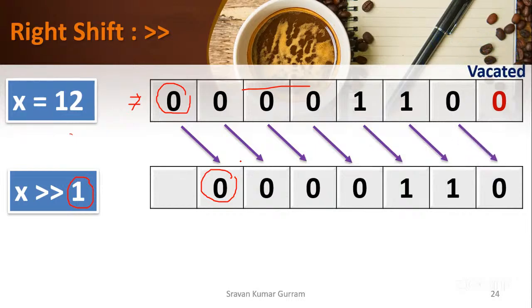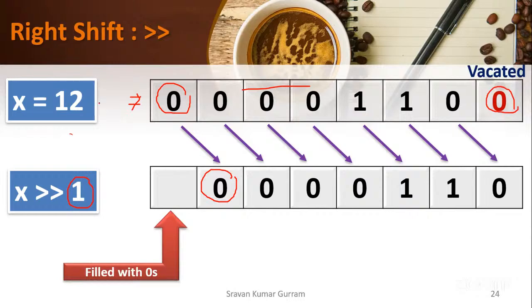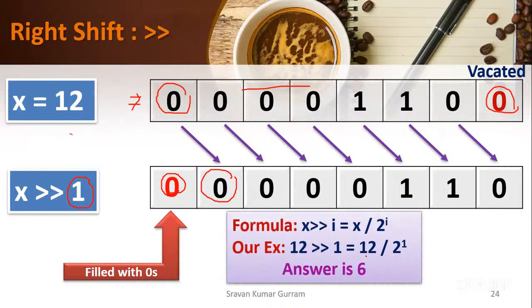Then the last 0 is deleted, and we have an empty cell in the output value. This empty cell is filled with zeros. Okay, this is about the right shift operator. And after converting this output value from the binary number system to the decimal number system, the answer is 6. This becomes the output of the program.